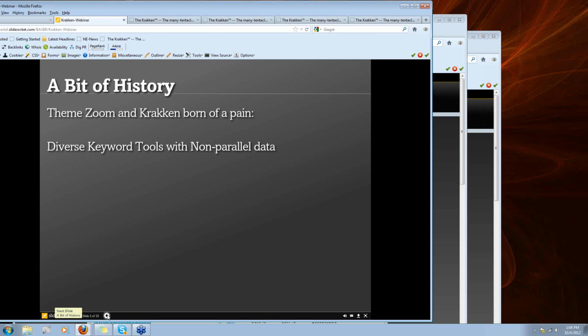In other words, the data from one keyword tool isn't like the data from another keyword tool. And so his having given me this problem, we literally sat down and tore the entire internet apart trying to figure out what the relationships were between these different pieces of data.